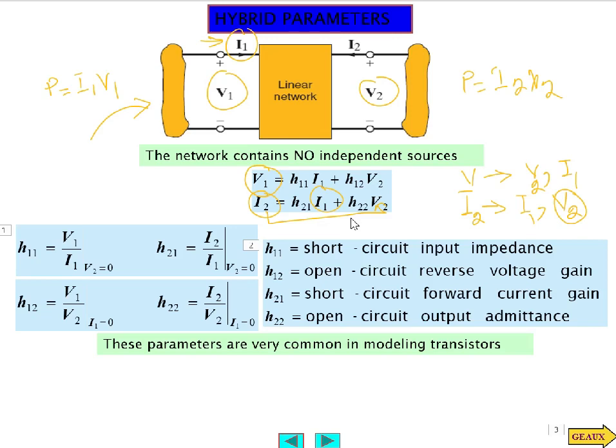Let me recap that. First, we had a circuit like this. So this was our circuit. What we actually did, we calculated Z11, Z12, Z21, Z22 for the equations V1 is equal to Z11 I1 plus Z12 I2, and V2 is equal to Z21 I1 plus Z22 I2.